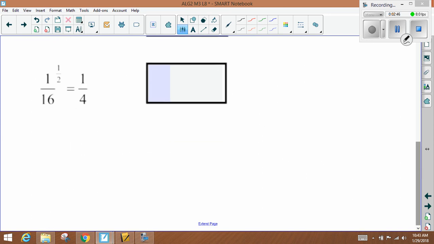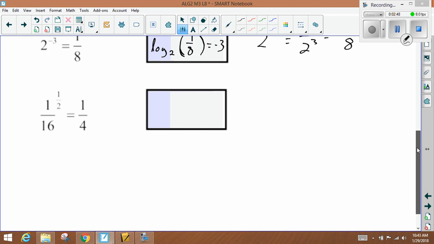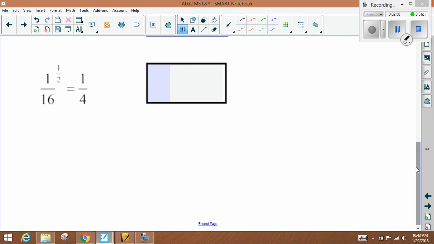Let's do another one. So log base 1/16 of 1/4 is 1/2.